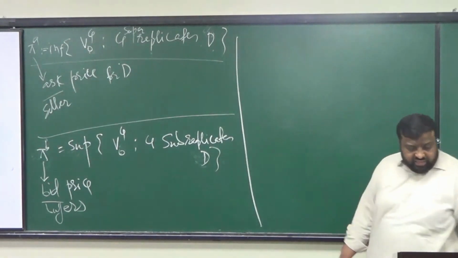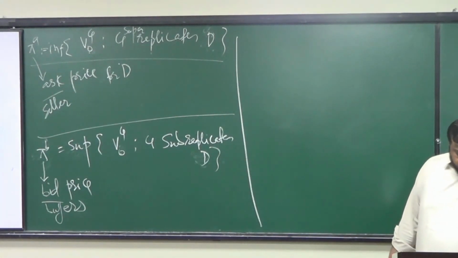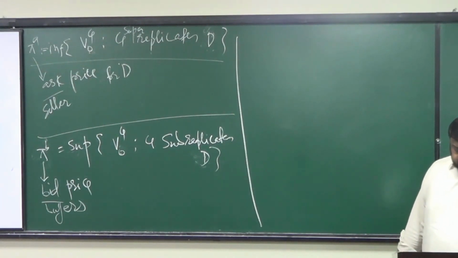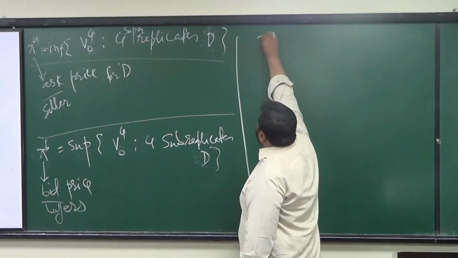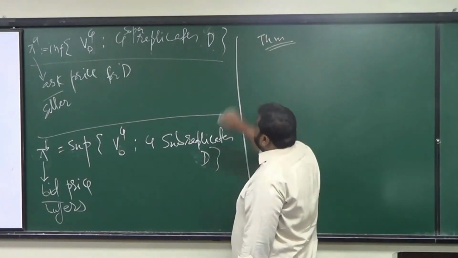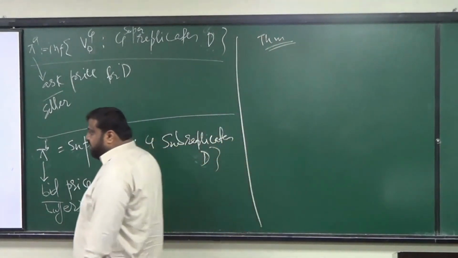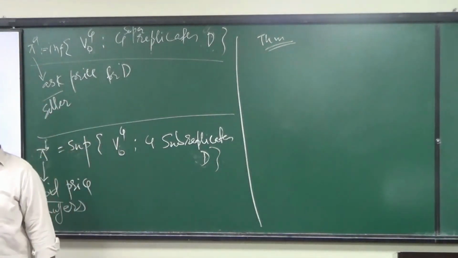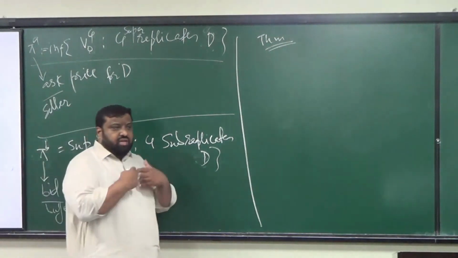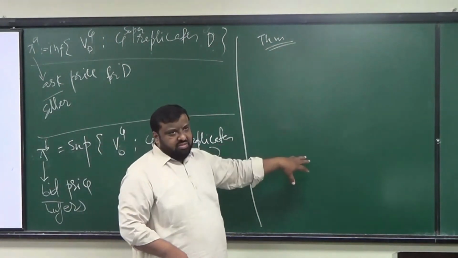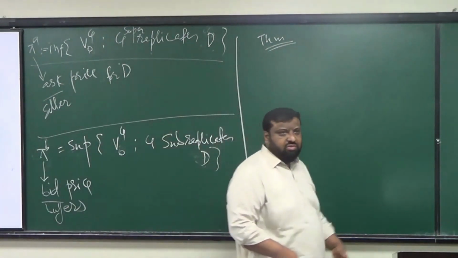The next thing that I would like to prove is this. I'll not prove this theorem abstractly. I'll do it through an example. But the argument that is being used in the example is the argument that is used in the proof of the theorem.